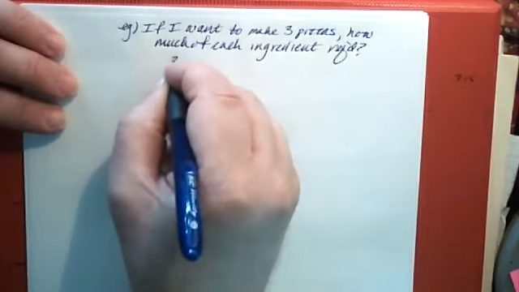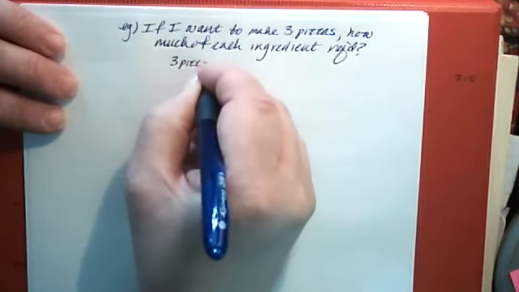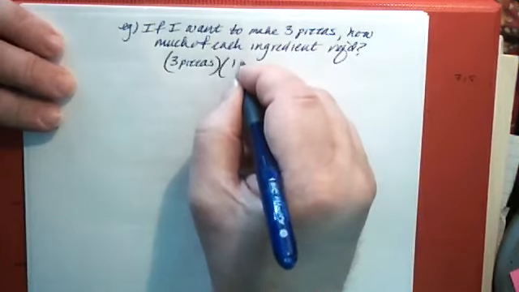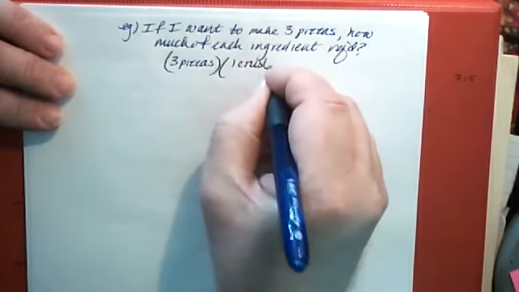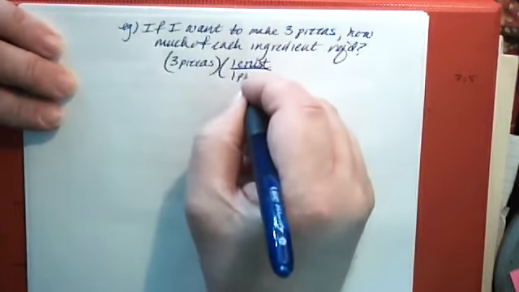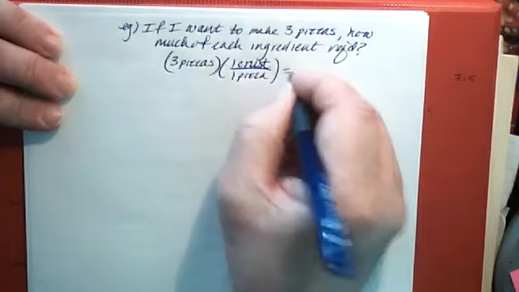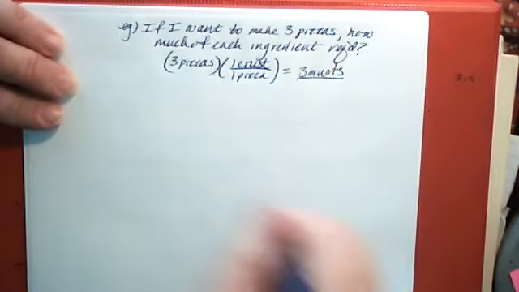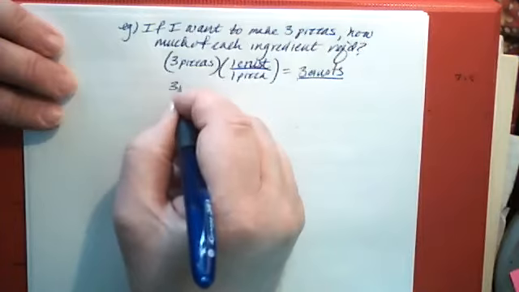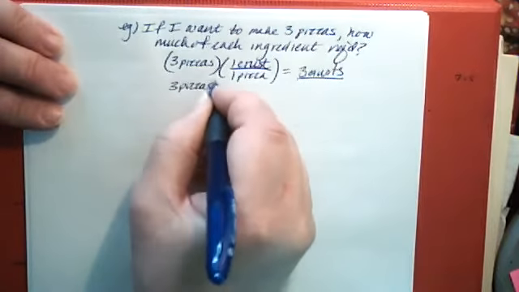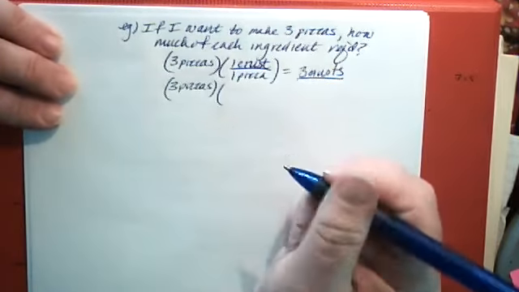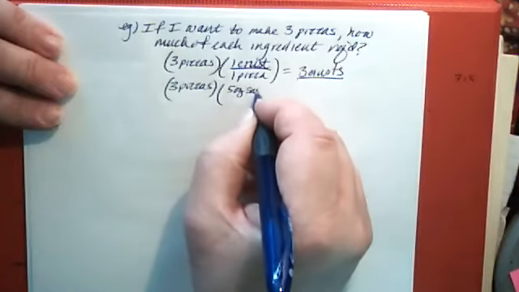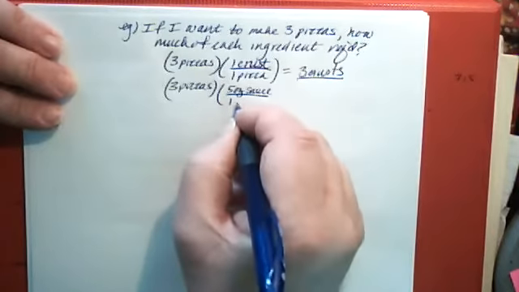So we start out knowing we want 3 pizzas, and we need 1 crust for every 1 pizza. So surprise, surprise, we need 3 crusts for 3 pizzas. Again, also, if we want 3 pizzas, we need 5 ounces of sauce for each pizza.